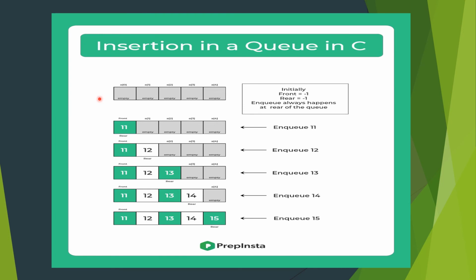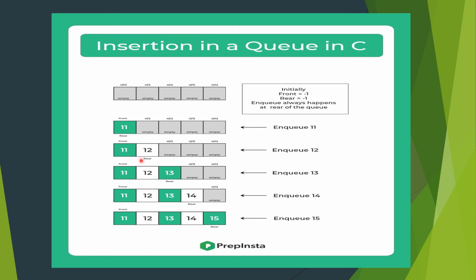This is empty. Initially, the front is equal to -1 and the rear is equal to -1. NQ always happens at the rear end. Then one more element, 11. 11 is inserted at position number 1, at the rear end of the list.